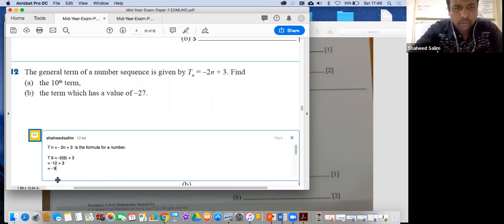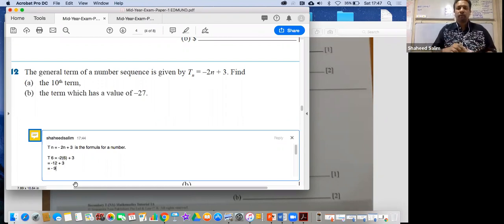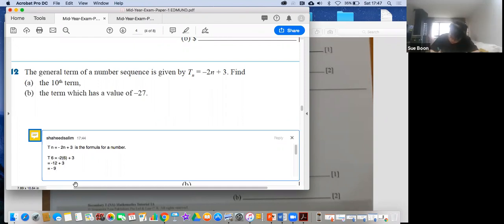But all you need to do is put the term, the position, inside the bracket. So you try. What's the answer? -17. Good. Well done.